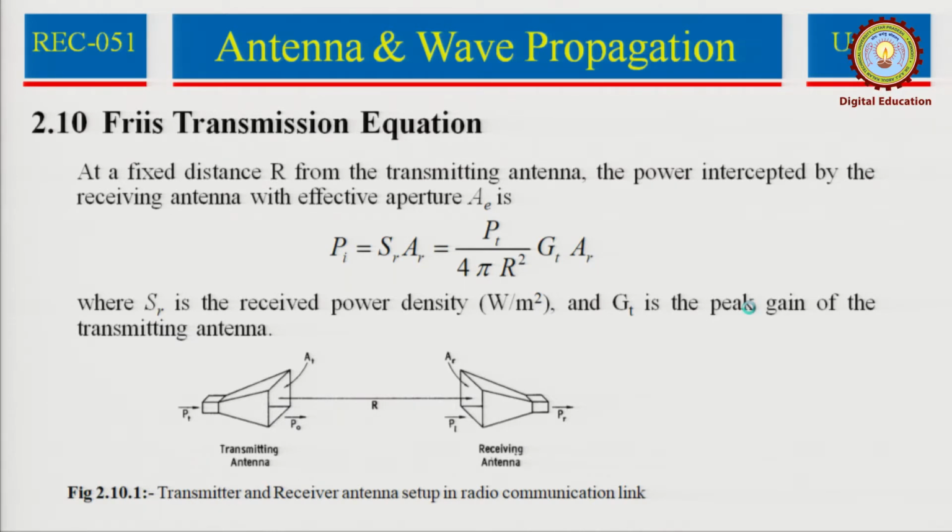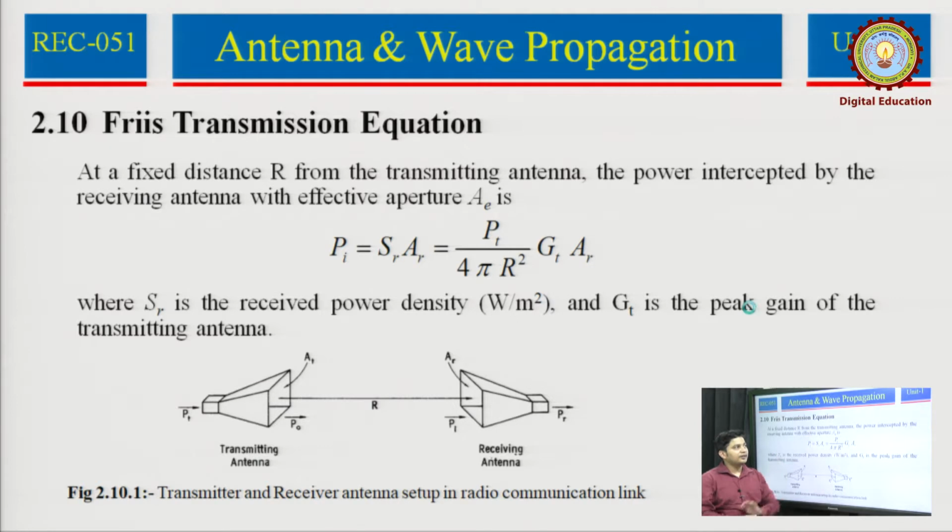So, at a fixed distance R from the transmitting antenna, the power intercepted by the receiving antenna having effective aperture AE is nothing but the pointing vector multiplied by that area. So, power is nothing but the pointing vector capital S into effective aperture AE. This is the formulation. Over here, because it is the receiving side, we have SR and effective aperture AR.